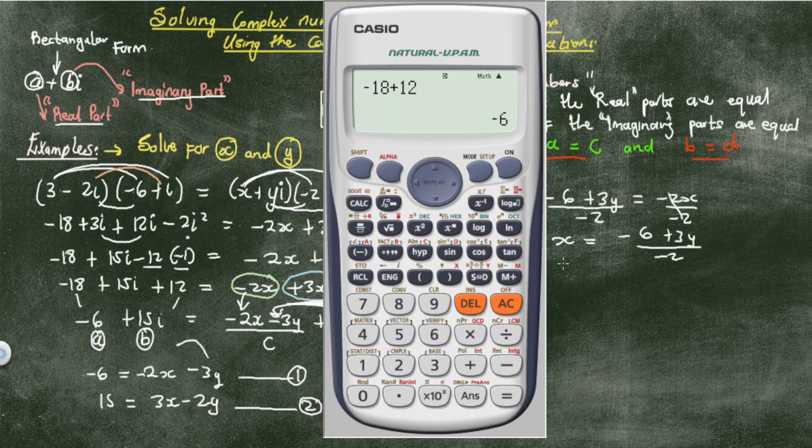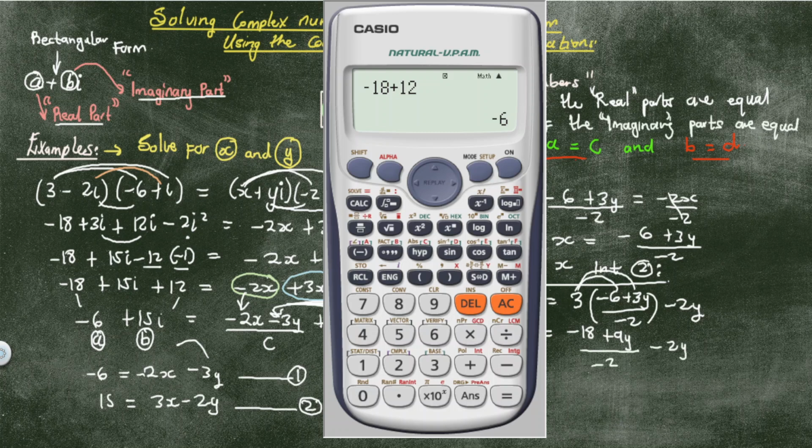Then we're going to sub x into equation number 2. So this is 15 equal to 3 in bracket, I'm going to substitute the minus 6 plus 3y over minus 2, minus 2y. 15 is equal to, we multiply, so this times that, that's minus 18 plus 9y over minus 2, minus 2y.